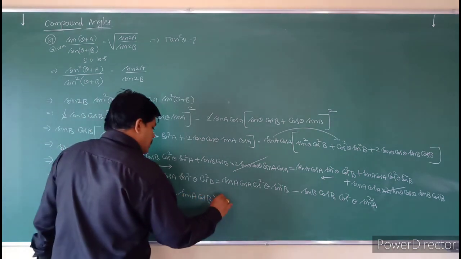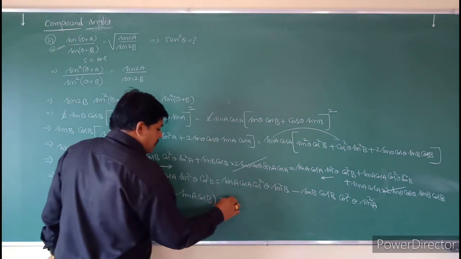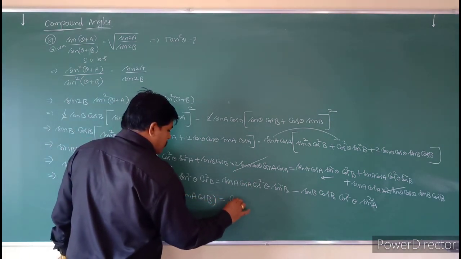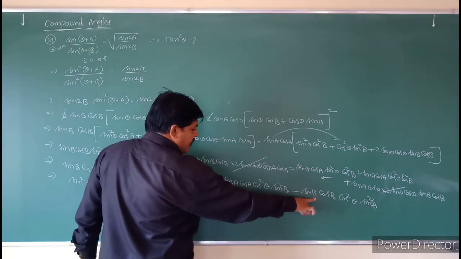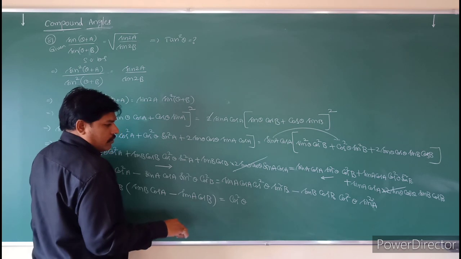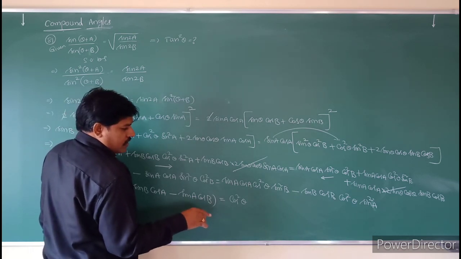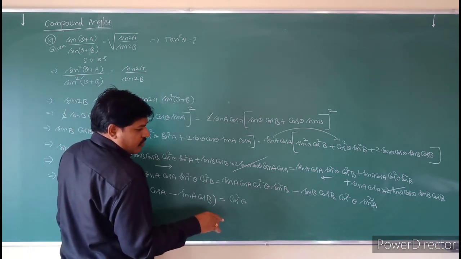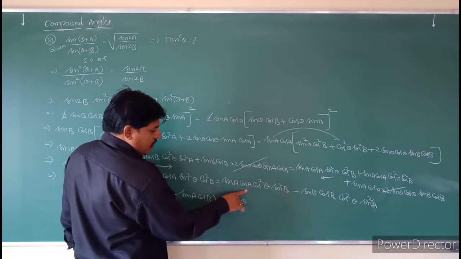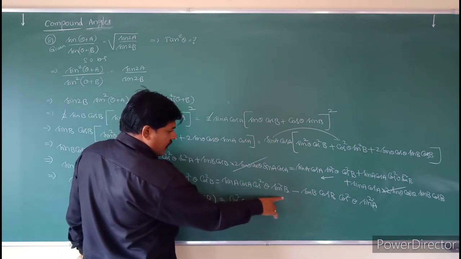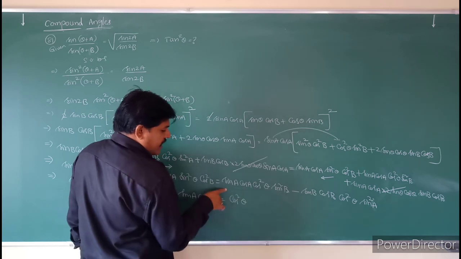And also see here on this side. What will I take common here? First I will take cos square θ common, and also sin B is common. You can observe that carefully. Cos A is not common here, sin B is common. Next, sin A is also common there.